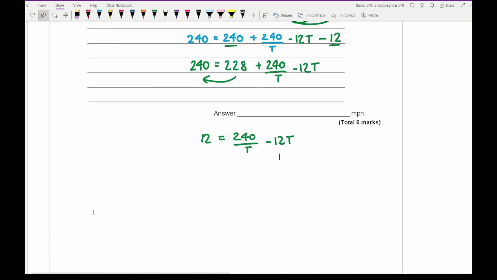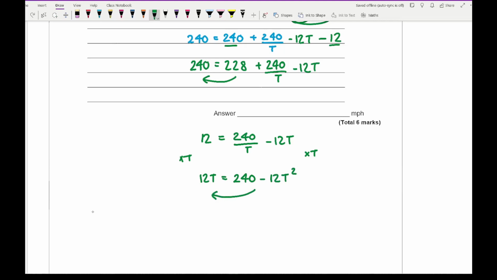Now at this stage, what you then want to do is multiply everything by t. So 12 times t gives me 12t. 240 divided by t times t, then what I'm going to end up with is just 240, and minus 12t times t is going to give me minus 12t squared.